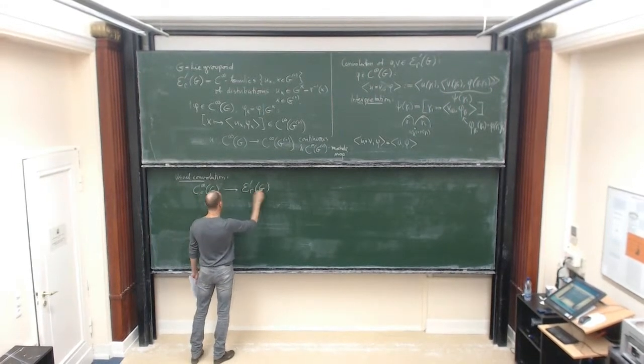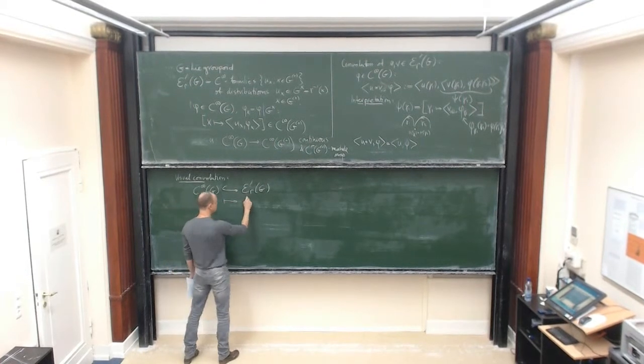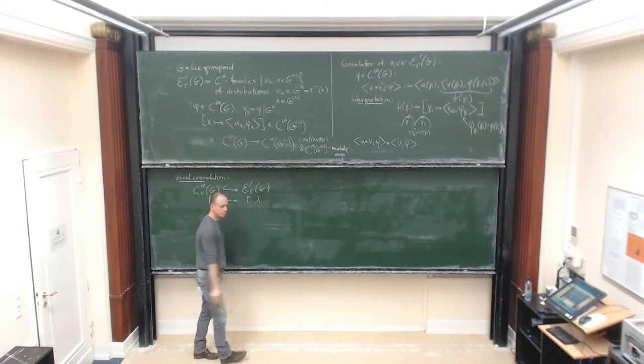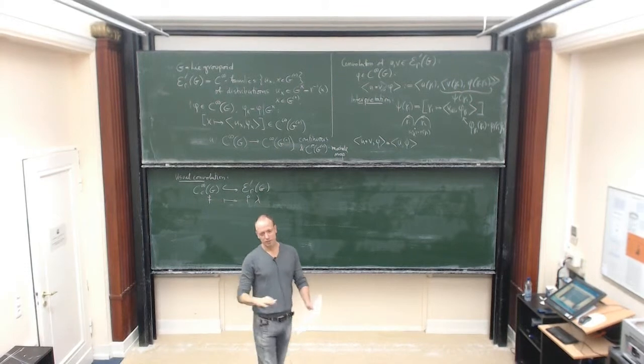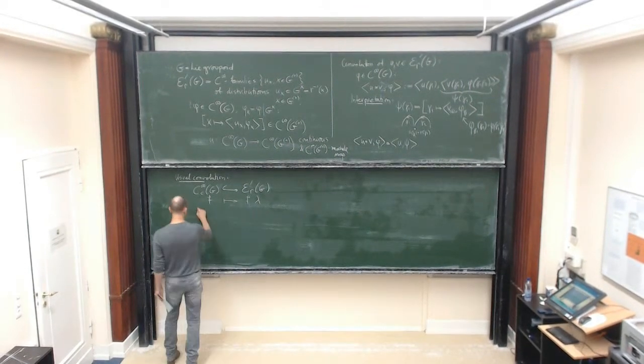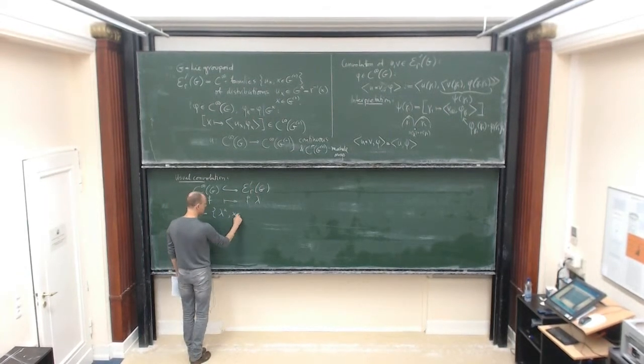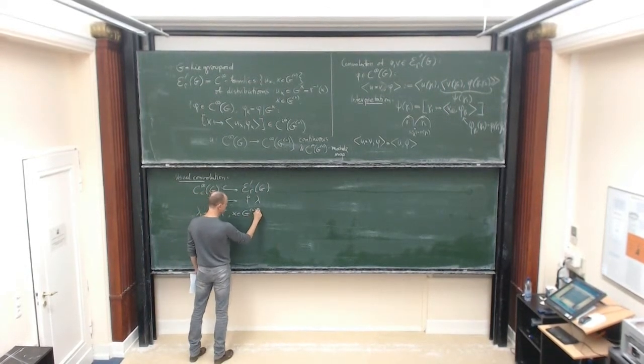There's an obvious inclusion map, where you take a function and map it to a function times a Haar system. Now, my Haar system needs to be left invariant. So lambda, which is a family of measures or densities.